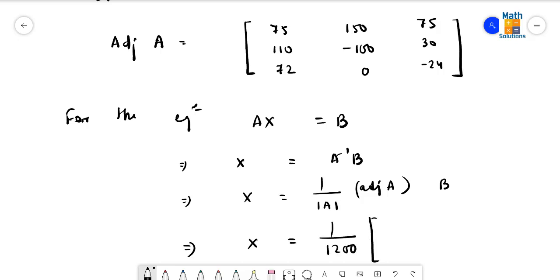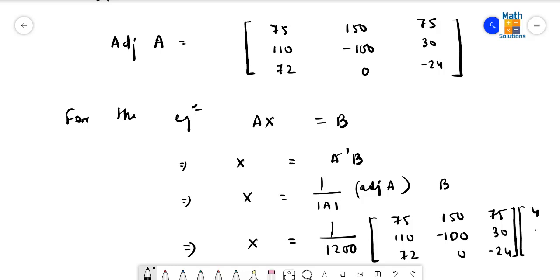Then in place of adjoint we can write 75, 150, then again 75, then 110, minus 100, then 30, then 72, 0, minus 24. Then in place of B we shall have to write 4, then 1 and 2.